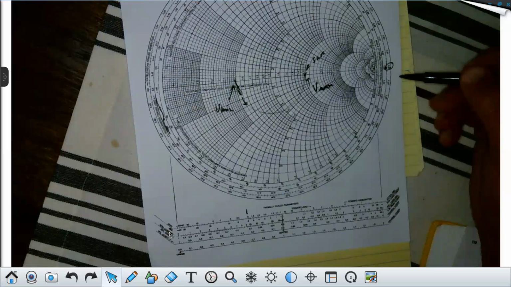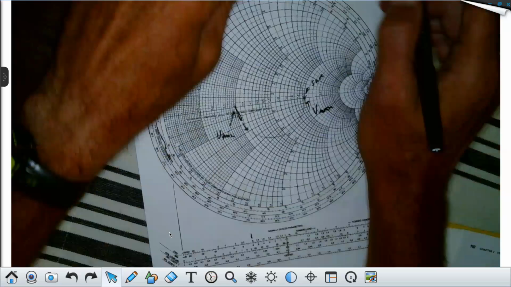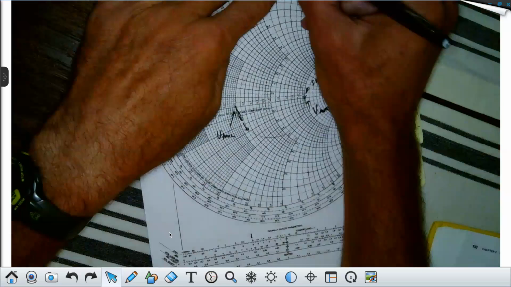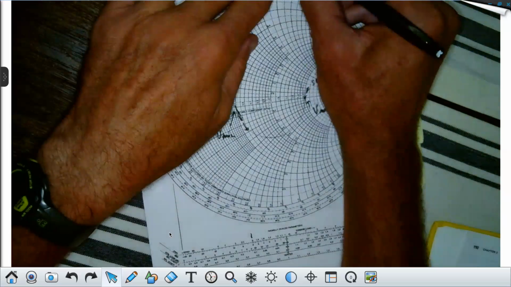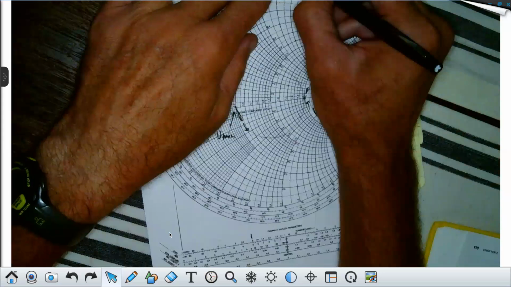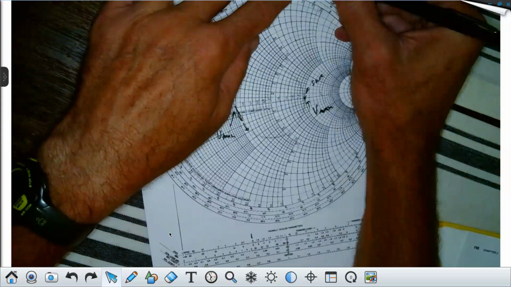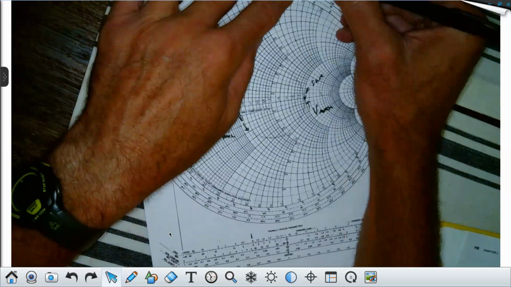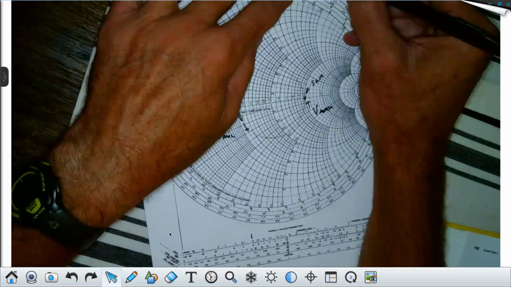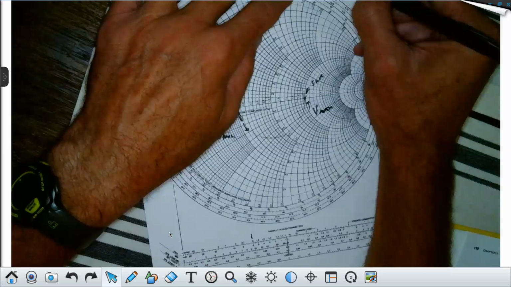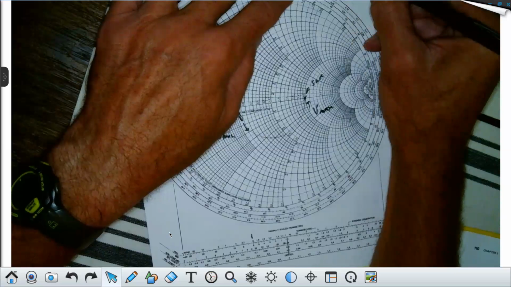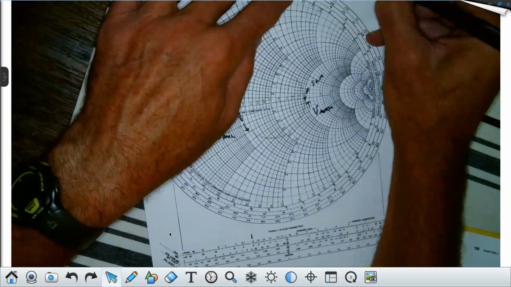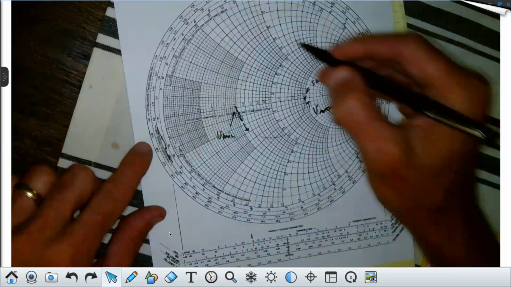The distance I'm going to move, if I add 0.25 plus 0.3, that's the distance I have to move, I get 0.55. Now that is beyond a half wavelength. So then I subtract a half wavelength, and now I know I need the mile marker 0.05, and this is on wavelengths towards load, not generator. That's the inner one. So I look over here, and I hope you can see this.